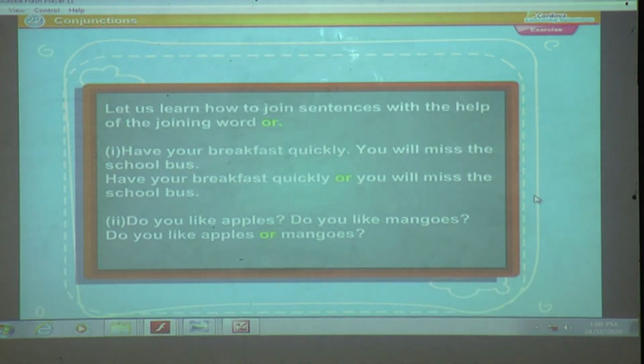Let us learn how to join sentences with the help of the joining word or. 1. Have your breakfast quickly. You will miss the school bus. Have your breakfast quickly or you will miss the school bus. 2. Do you like apples? Do you like mangoes? Do you like apples or mangoes?